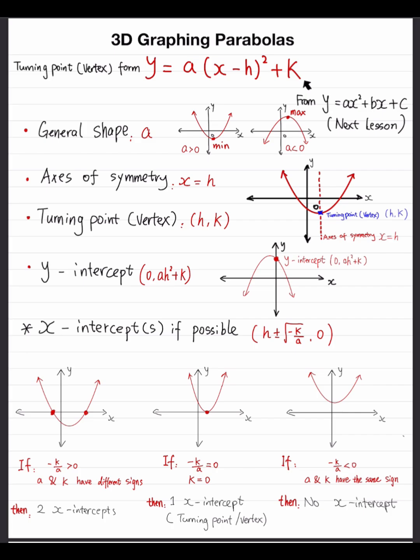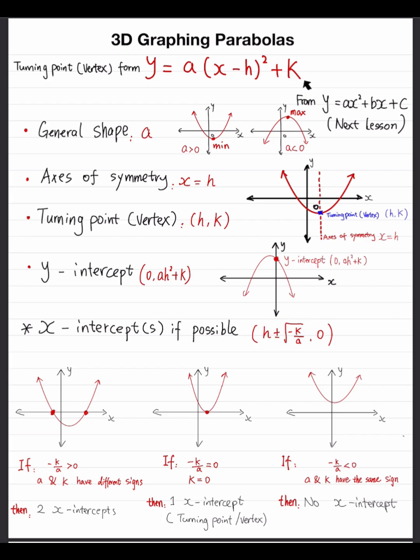The second case says, if negative k over a equals 0, we know that in order to have a parabola, a cannot be 0. Therefore, k must be equal to 0. In that case, we have only one x-intercept, since the square root of negative k over a is equal to 0, and you plus or minus 0.